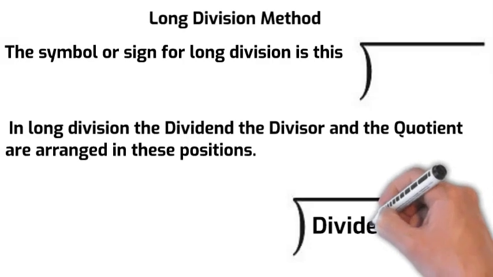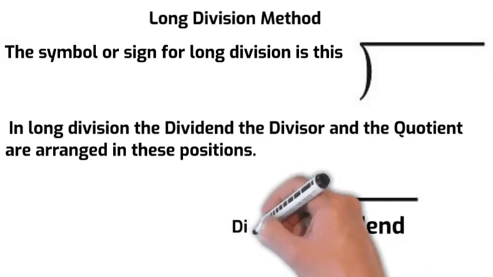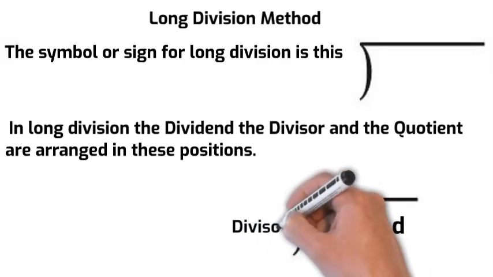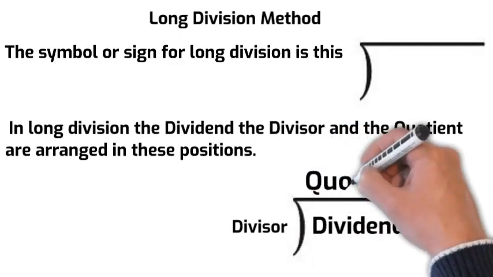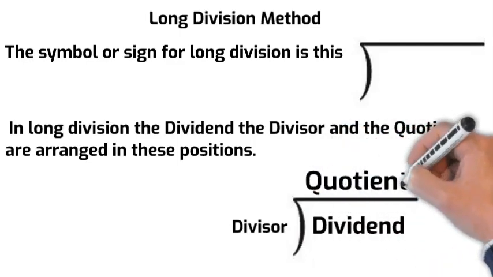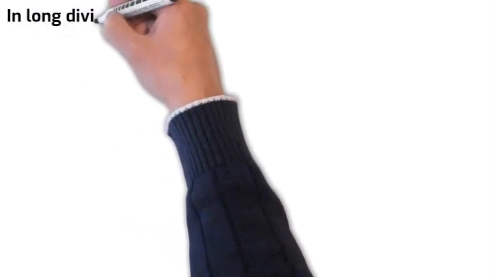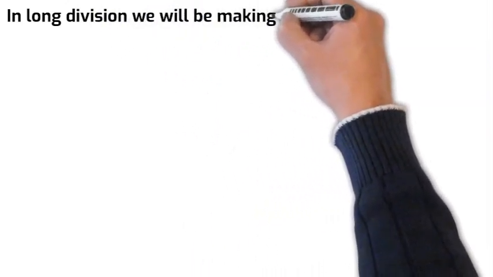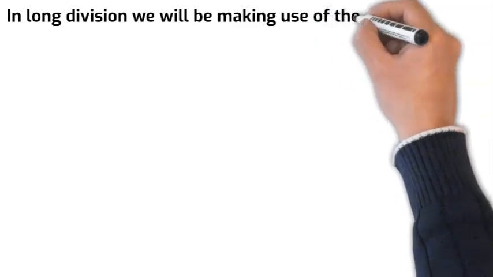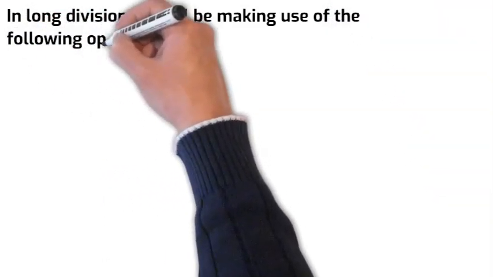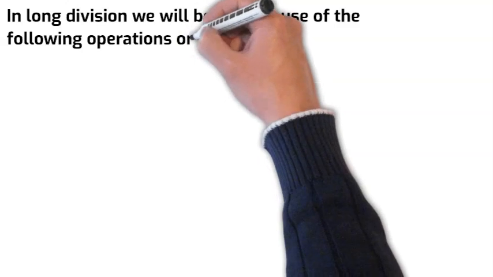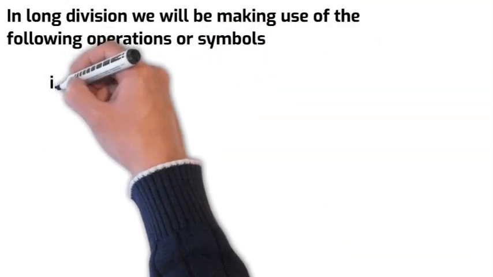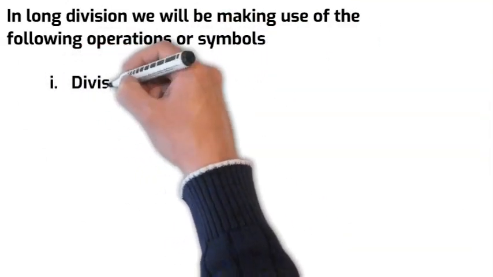Dividend to your right, with divisor to your left, and quotient on top. In long division, we will be making use of the following operations or symbols. 1.